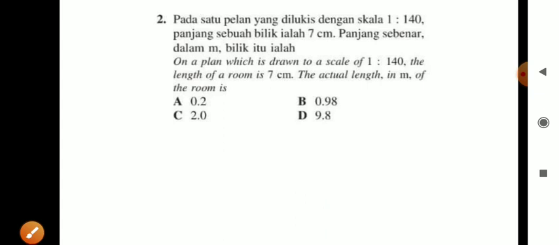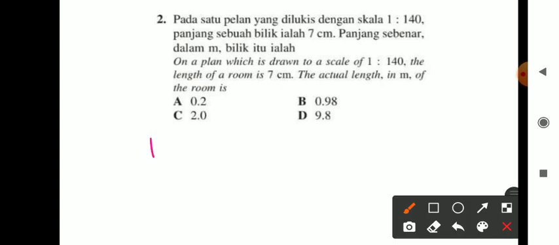Second question. On a plan which is drawn to a scale of 1 to... Okay. Before reading the question, write down the formula first. Saya malas mau baca soalan. Okay. The length of a room. Okay.